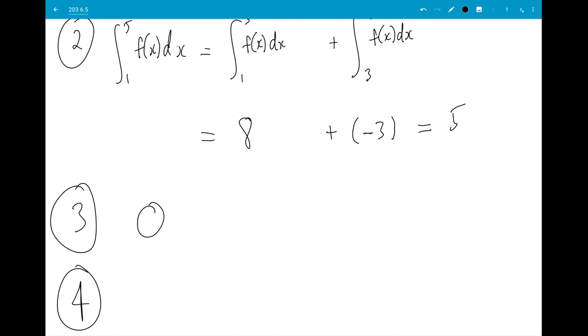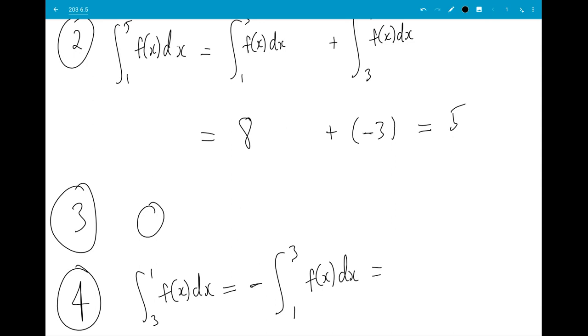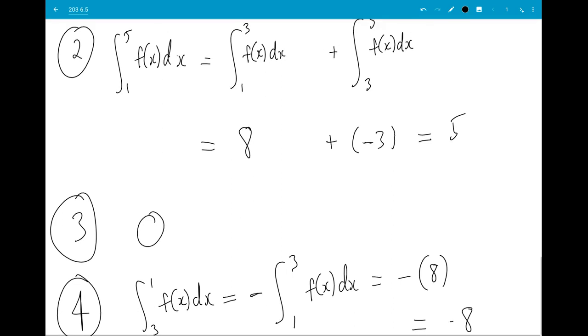And then from 3 to 1, you can put a minus in front and make it 1 to 3 of f of x dx, and I believe that's negative 8. So negative 8 is my answer.